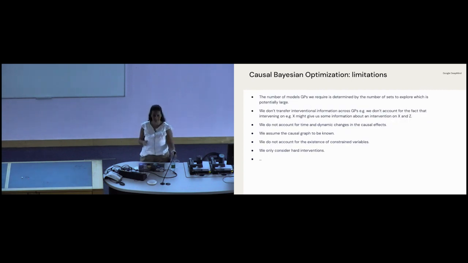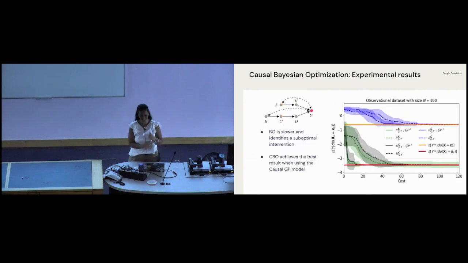Questions? Yes. Yeah, but the problem is, how do you run random search? Do you run it by exploring the same search space of CBO or the search space of base-opt?